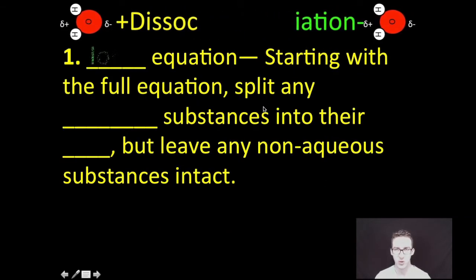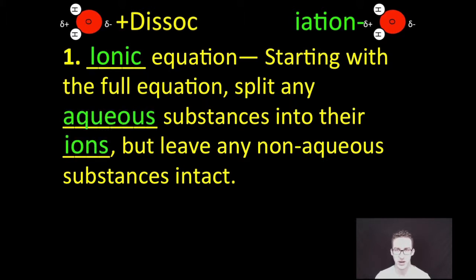The next type of equation we need to talk about is an ionic equation. A complete ionic equation is one in which you start with the full equation or the molecular equation, and you split any aqueous substances into their ions, but leave any non-aqueous substances intact. So anything that's a solid, anything that's a liquid, anything that's not aqueous is going to stay together.